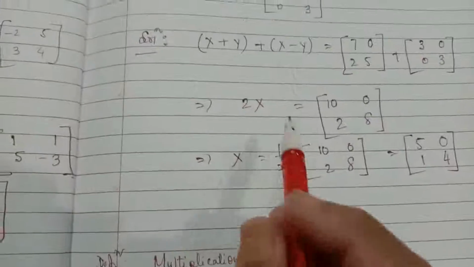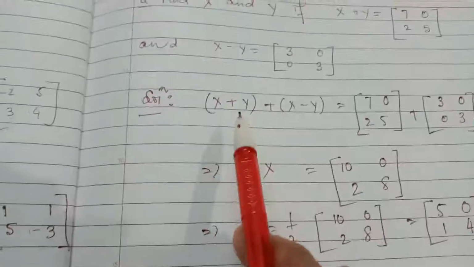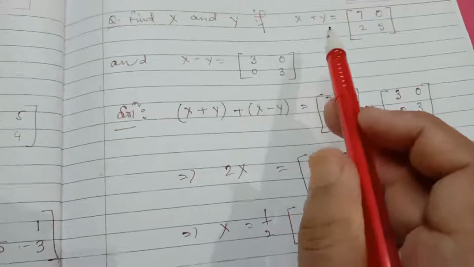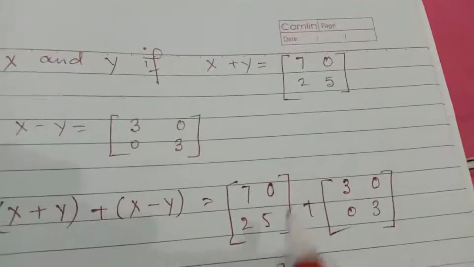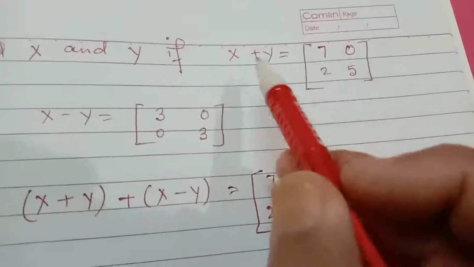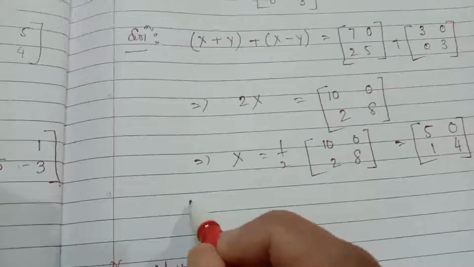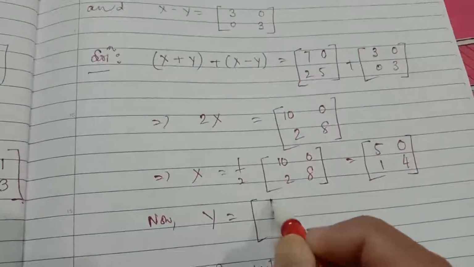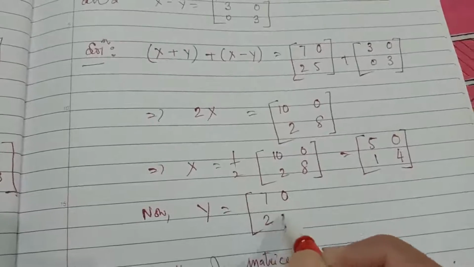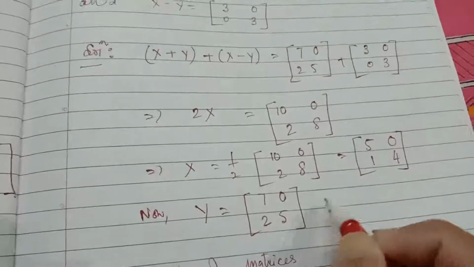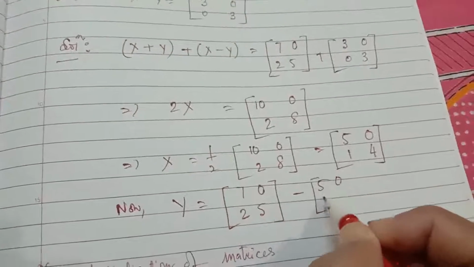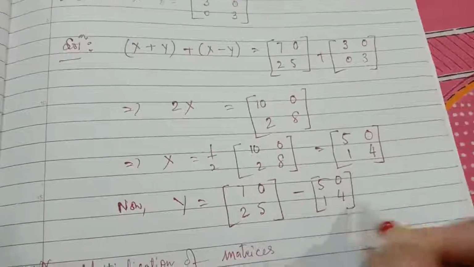Okay, now we have to find the value of matrix Y. From this we can see Y equals this matrix minus X. Now Y equals 7, 0, 2, 5 minus X. X is 5, 0, 1 and 4.